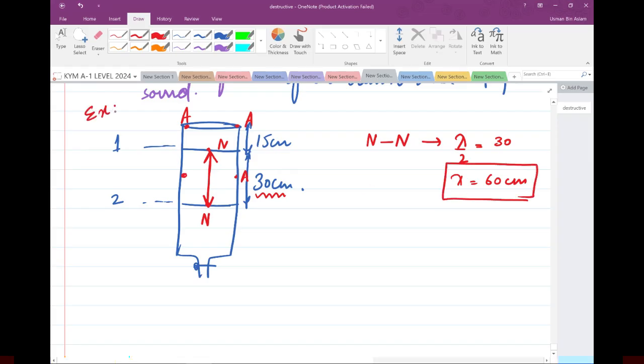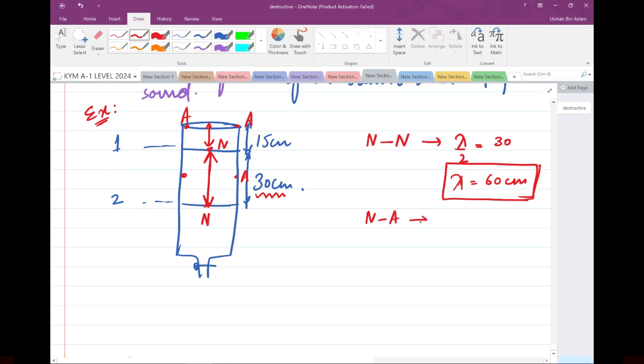That's an exam style question for you. They tell you the distance where they hear the first loud sound and the second loud sound, and they will always ask you to find out what is the wavelength of the wave. That's how you can find it. Or you can also use the gap between an antinode and a node.